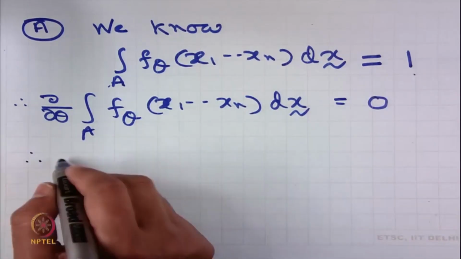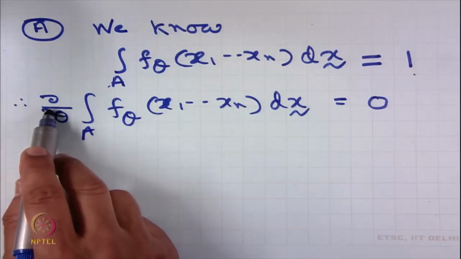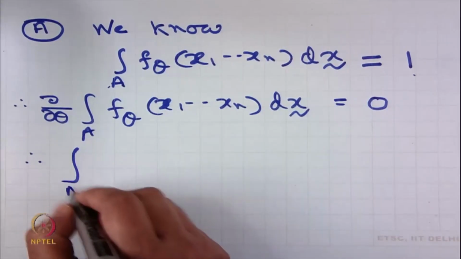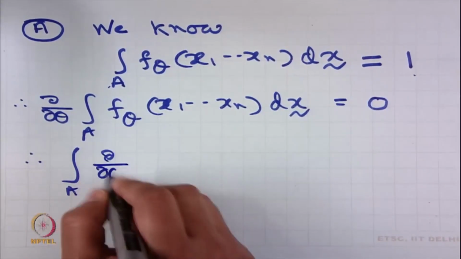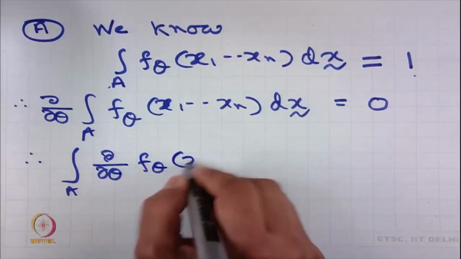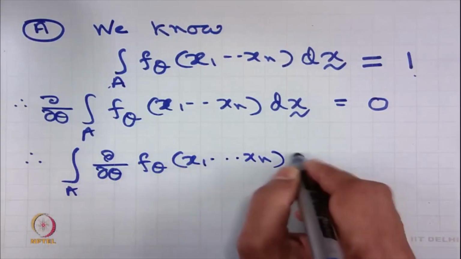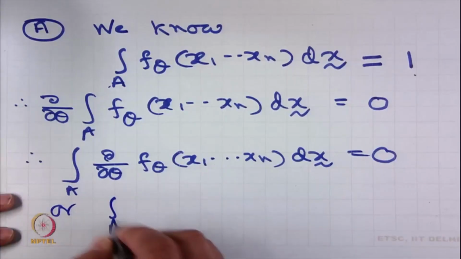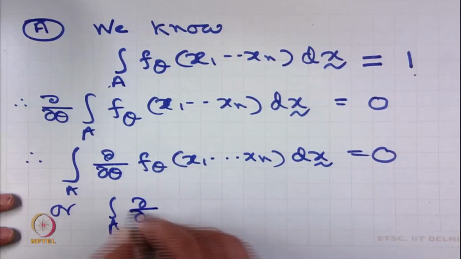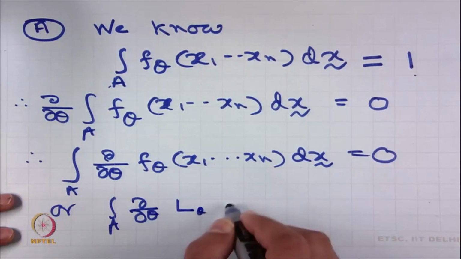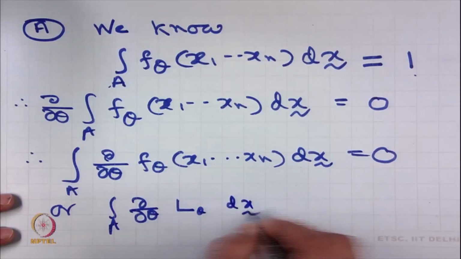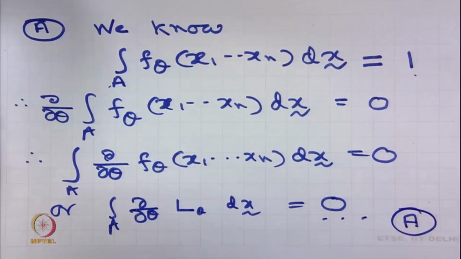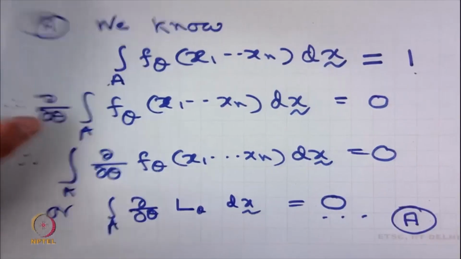Now, by the regularity condition, the differentiation under integration, we can write it as follows. Or we can write it as, so, this is the first finding A. I will come back to it later.